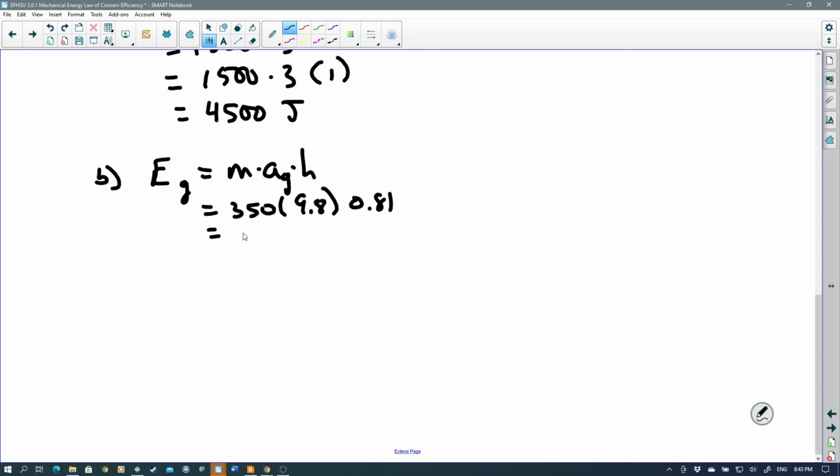That gives 2,778.3 joules, which you can see is a lot less. So that means that we're losing energy by sliding it up the plank. It's making it easier. The amount of force required is a lot less, but we're losing energy.